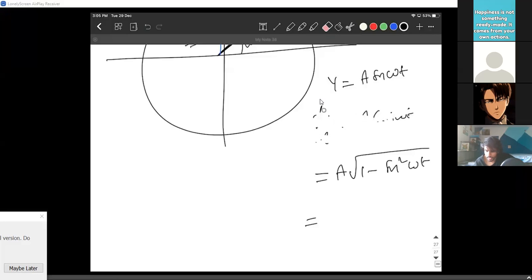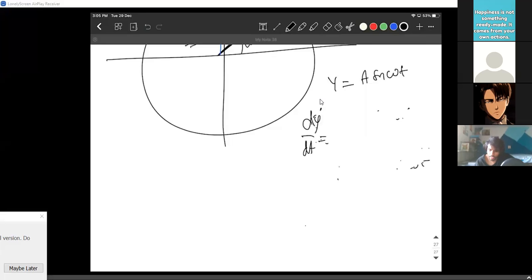When I differentiate it, it's not just a cos omega t. It's into d by dt of omega t. So when I write dy by dt, I leave out a and write d by dt of sine omega t. When I differentiate this, I obviously get cos omega t, but I have to differentiate the inside function omega t also.